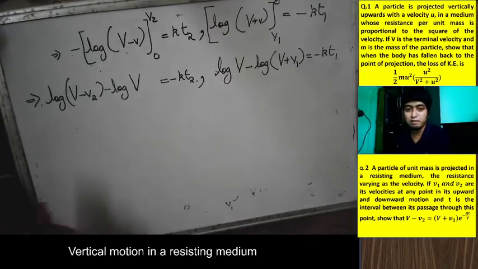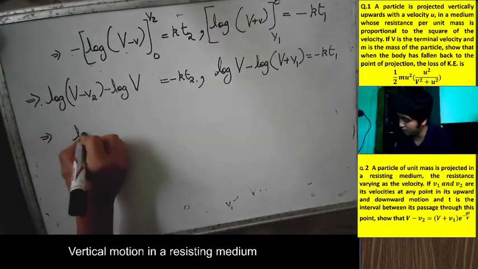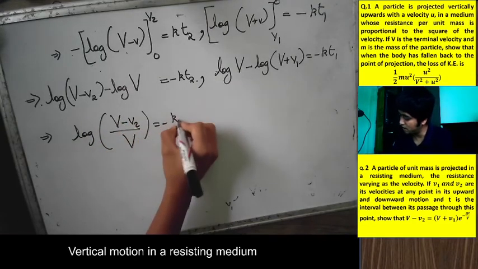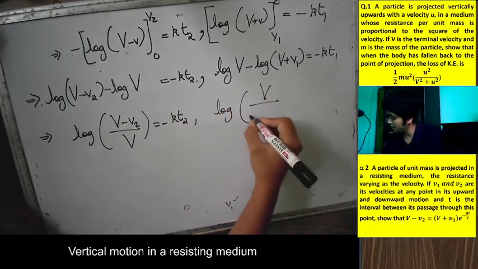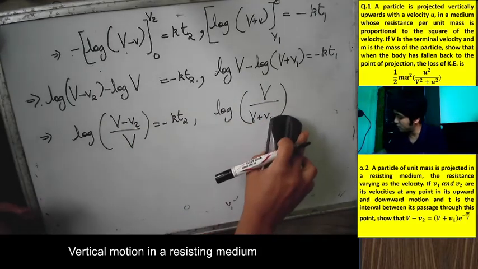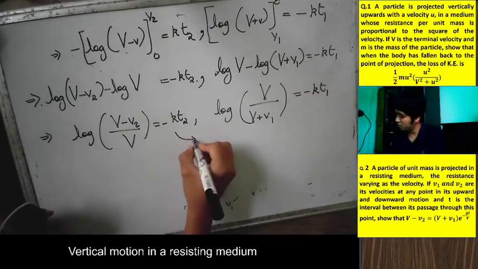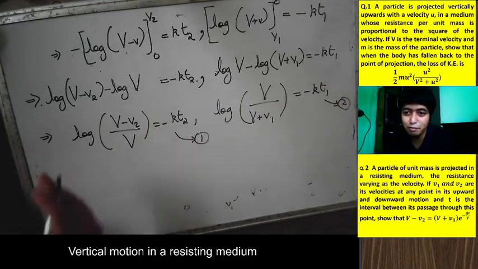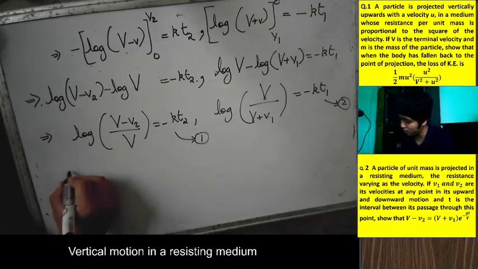We can write one more line so that it looks simpler: minus k t2, and over here we write this line, log V minus log (V plus v1), equal to minus k t1. Now you must remember that t1 plus t2 equals capital T. So we will be adding equation 1 and equation 2.